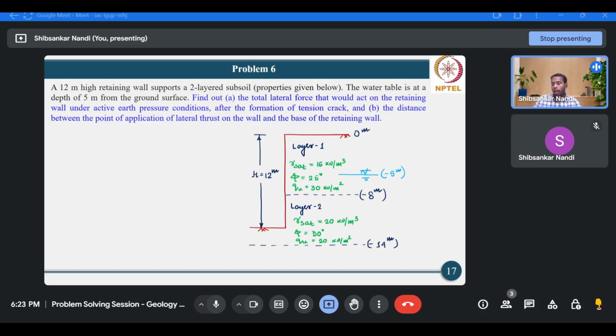Okay, and as we can see from the properties of the backfill, layer 1 and layer 2 both are cohesive frictional.